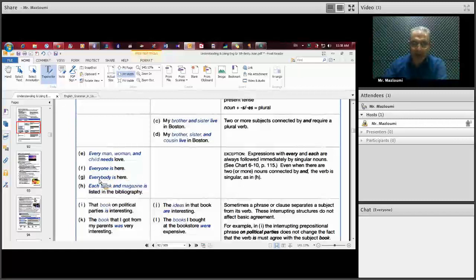We don't say are. Everybody is here. Again, we don't use are. Each book and magazine, you see, each book and magazine. Book and magazine are singular countable nouns. And the verb, so each book and magazine is listed in the bibliography. So we say is listed.